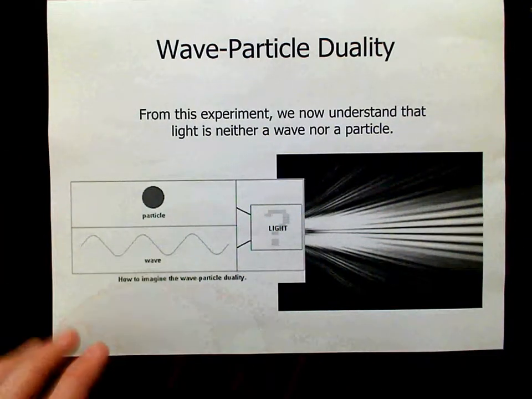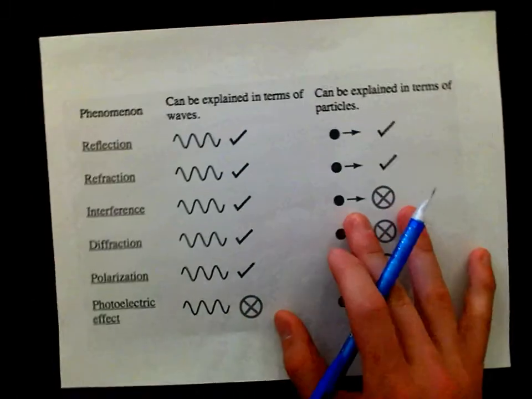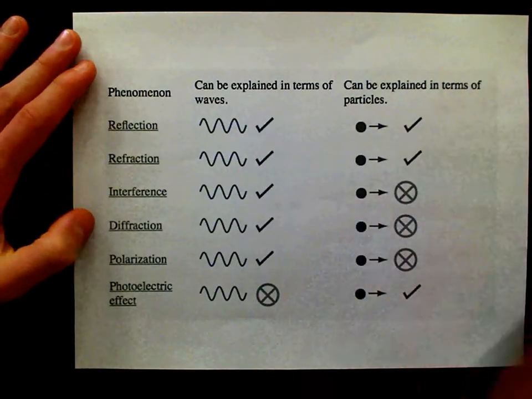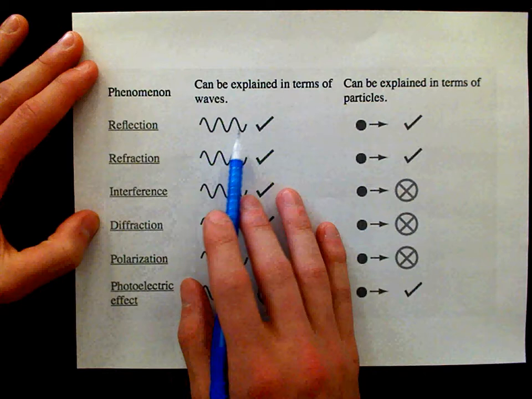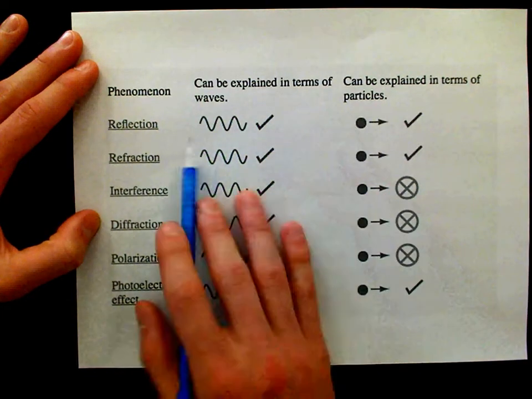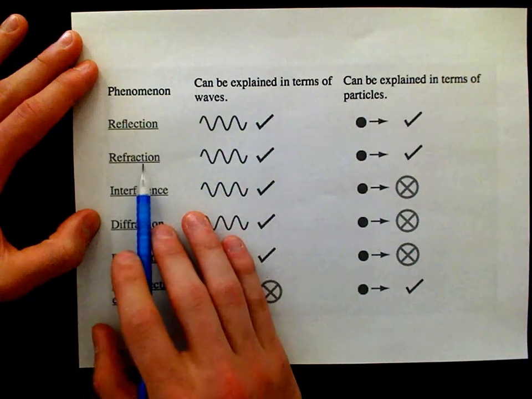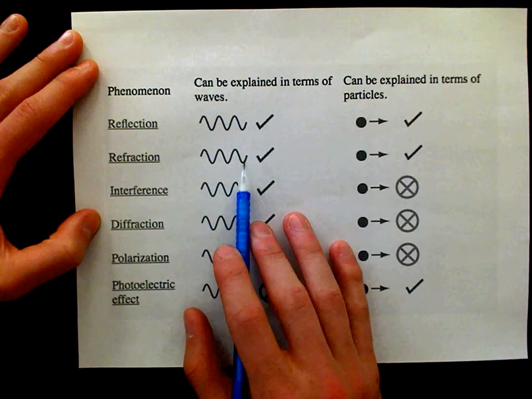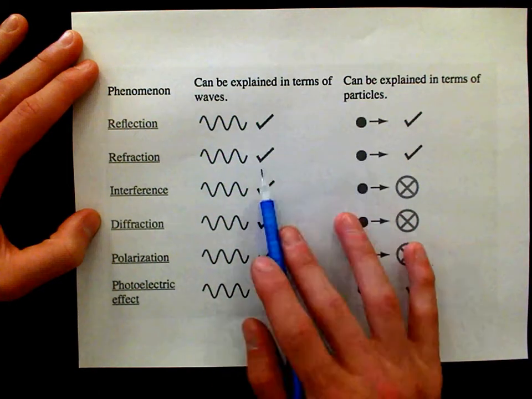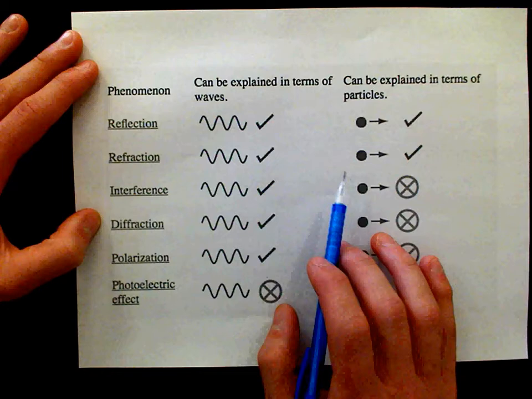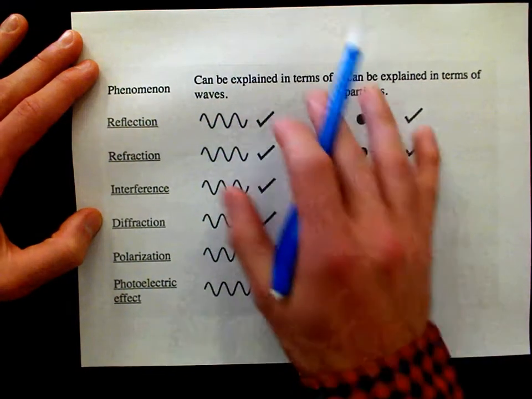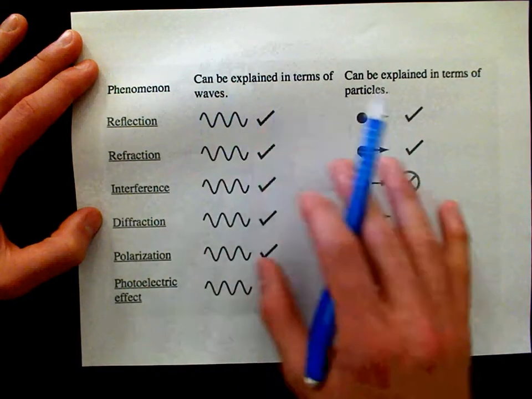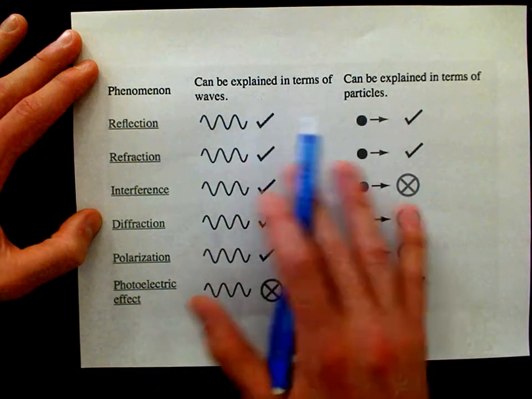And to formalize it a little bit more, we got this handy-dandy chart. So when we look at reflection, well, we could have a wave and a particle reflect, so that doesn't prove anything. Refraction, we could have a wave and a particle refract. Remember, refraction is how the source, whether it's a wave or a particle, interacts within a changing medium.